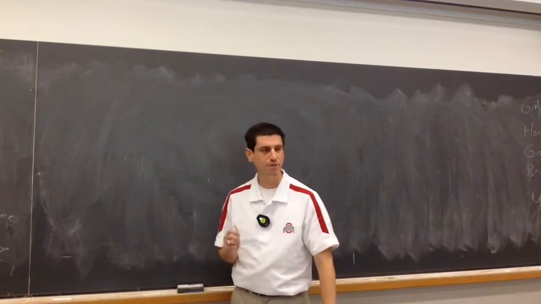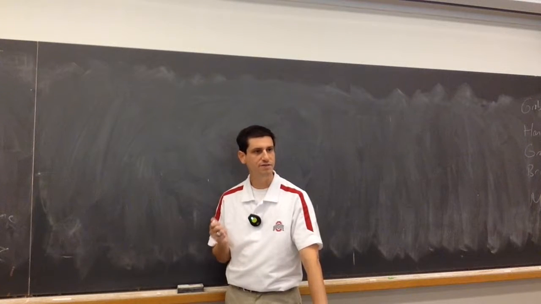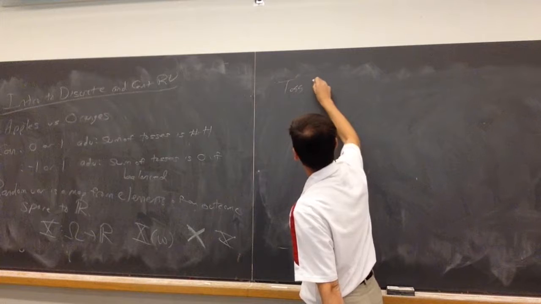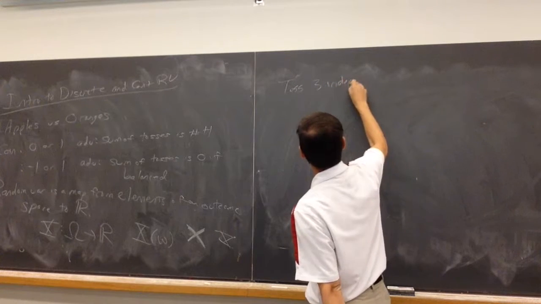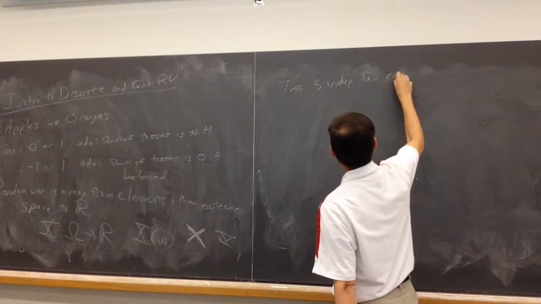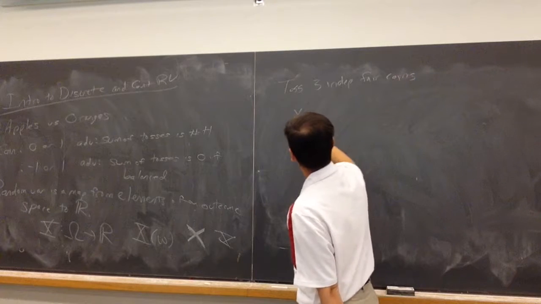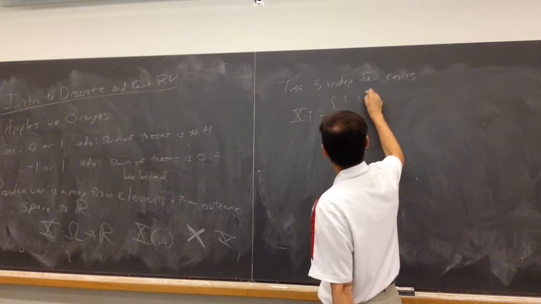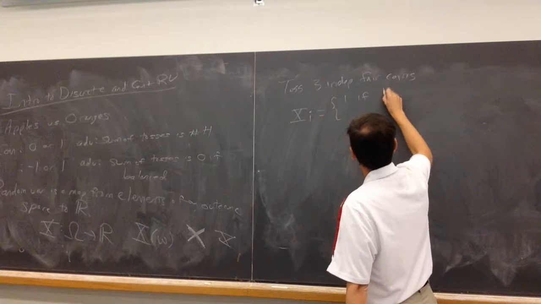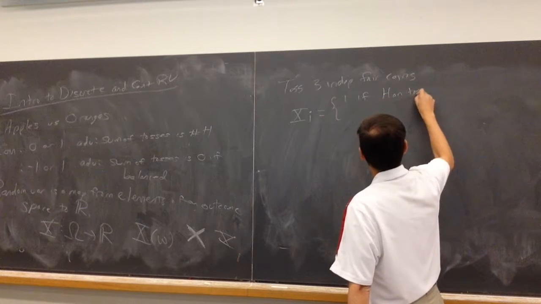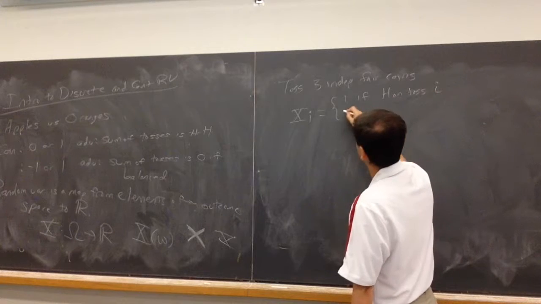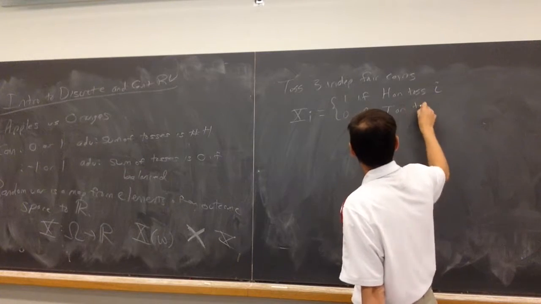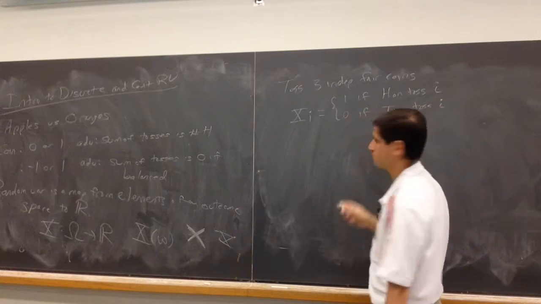We want to look at different places where we can define random variables. So let's toss 3 independent fair coins. Let X_i equal 1 if a head on toss i, and 0 if a tail on toss i.